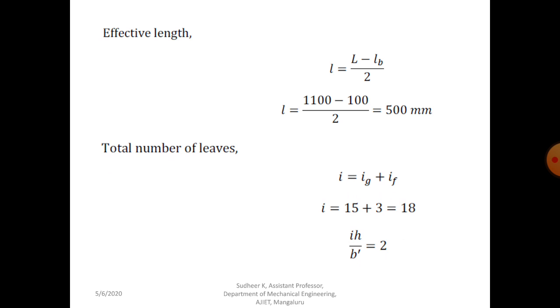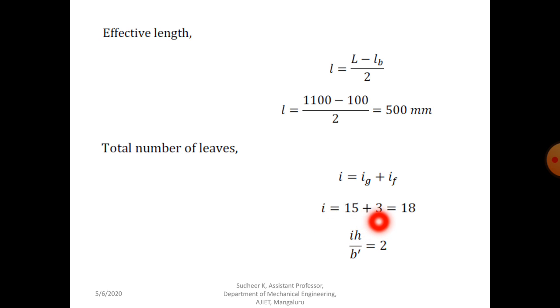Now you have to find the total number of leaves, denoted by small letter n. n equals n_g plus n_f, graduated leaves plus full length leaves. There are 15 graduated leaves and 3 full length leaves, so the total value is 18.